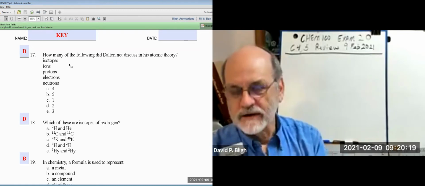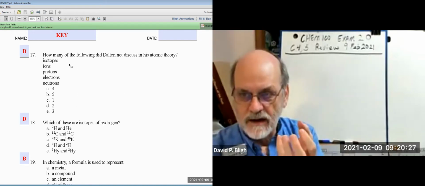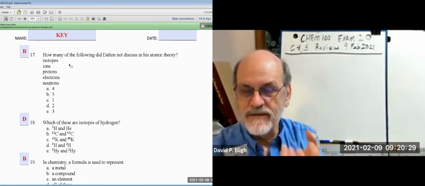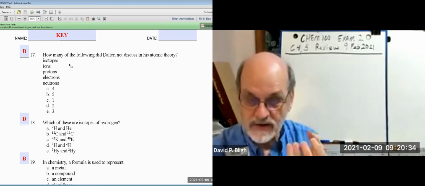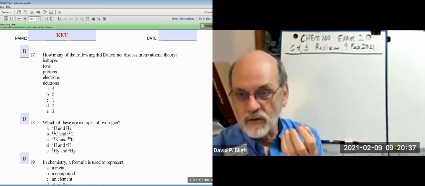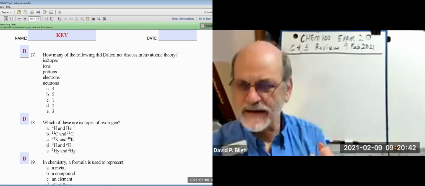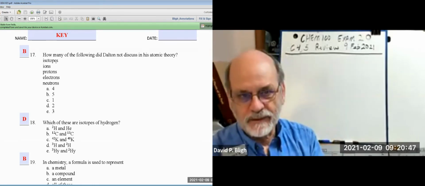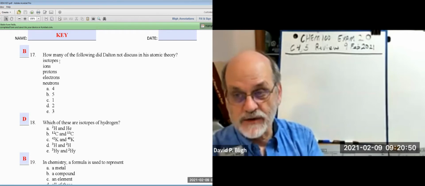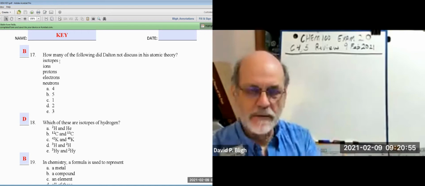In fact, Dalton's atomic theory was the beginning of understanding of the behavior of elements and formation of compounds and chemical reactions. So we hadn't even arrived at the point when Dalton was active of understanding the structure of the atom itself. The atom was as simple as he could go. That's as far as the science would allow him to go, was the atom.